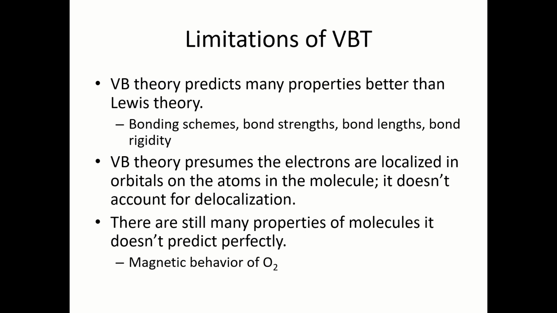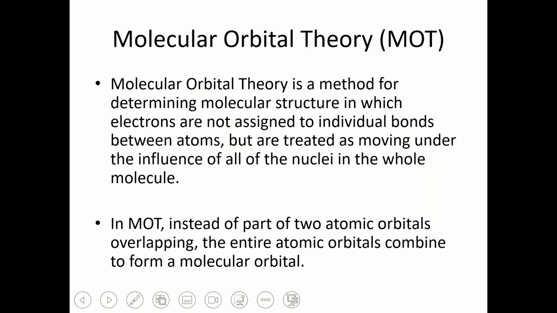And it still isn't perfect at predicting magnetic behavior, so again, that diamagnetic versus paramagnetic. And so we're just going to talk briefly about molecular orbital theory. Remember that molecular orbital theory is where we're dealing with molecular orbitals instead of hybridizing the atomic orbitals.